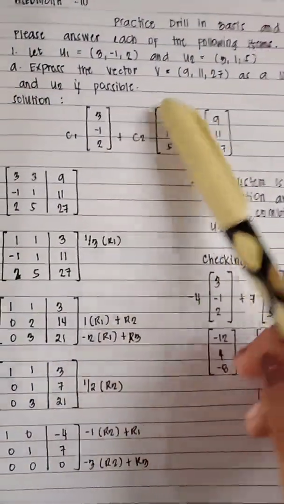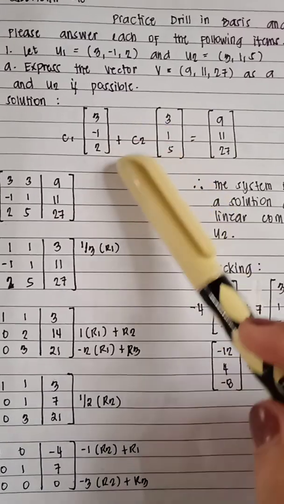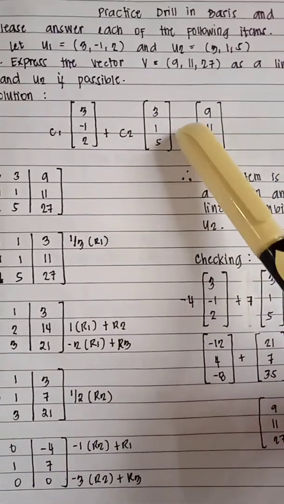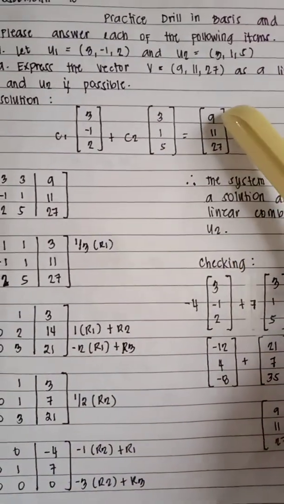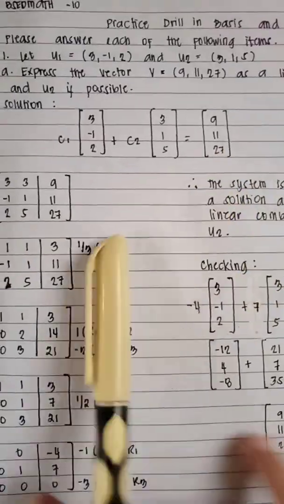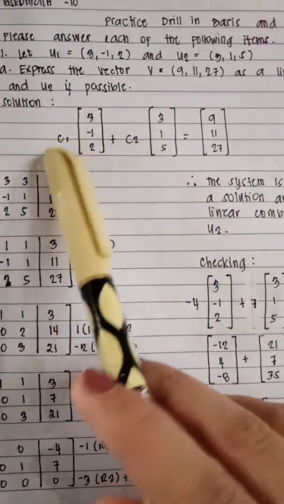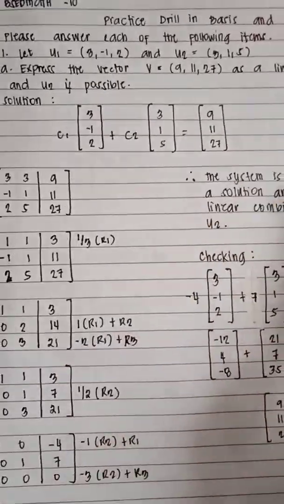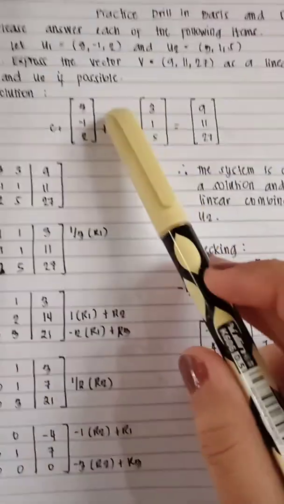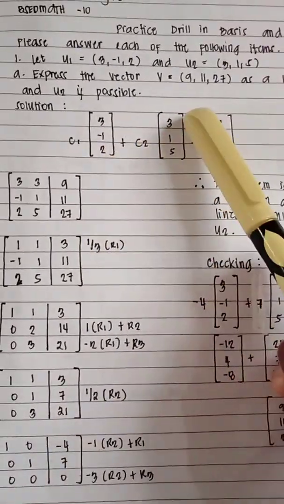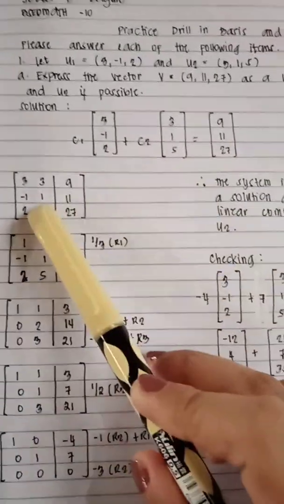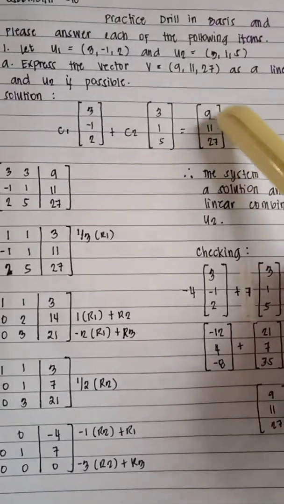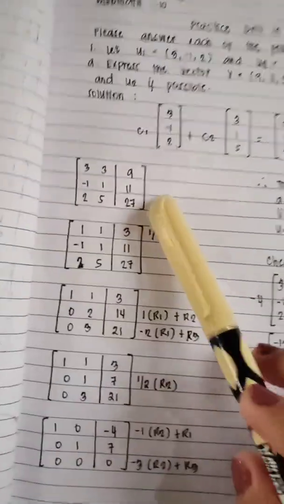So c sub 1 times 3, negative 1, 2 plus c sub 2 times 3, 1, 5 equals 9, 11, 27. All we need to do is find c sub 1 and c sub 2. In order to find it, let's form this 3, negative 1, 2, 3, 1, 5 into a matrix and augment it with 9, 11, 27.